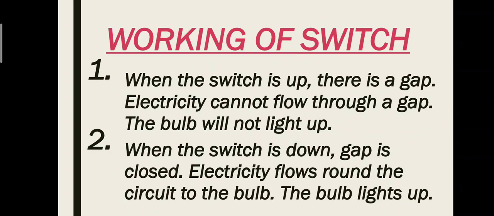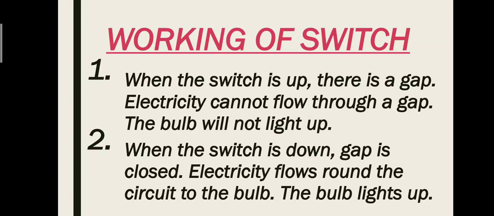But on the other hand, when the switch is down, for example when the switch is closed, the gap is closed and the electricity flows round the circuit to the bulb, and now the bulb will light up. So these are 2 parts of the working of the switch. The first one when the bulb is not lighting up, and the second one when the bulb lights up.